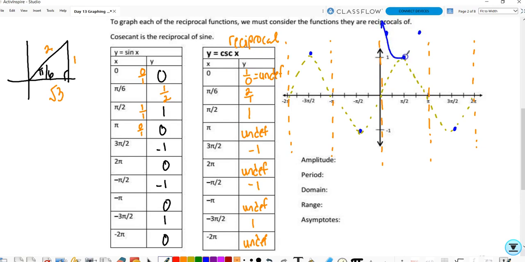And we get these parabola, these U-shaped curves that build off the sine function and approach your asymptotes this way. So go ahead and draw in what I did here in blue. That is the cosecant function graph. And I can build it off of the sine graph since they're reciprocals.